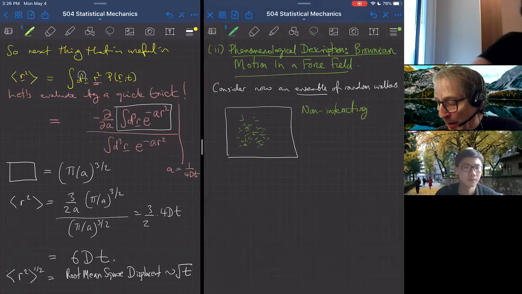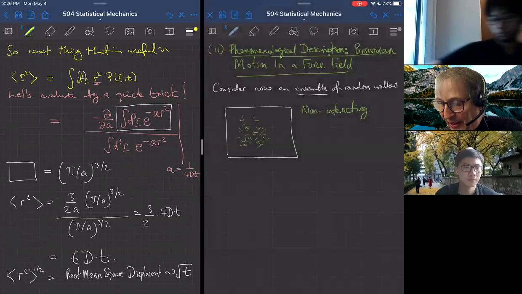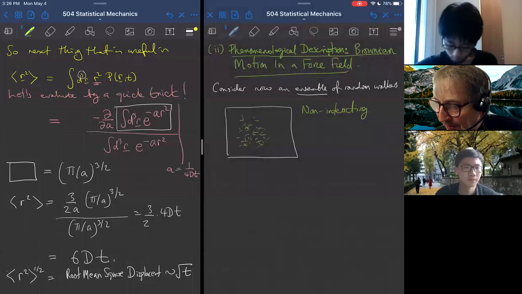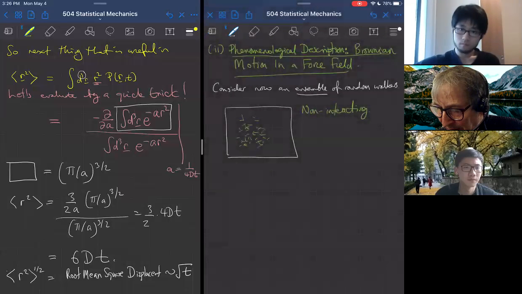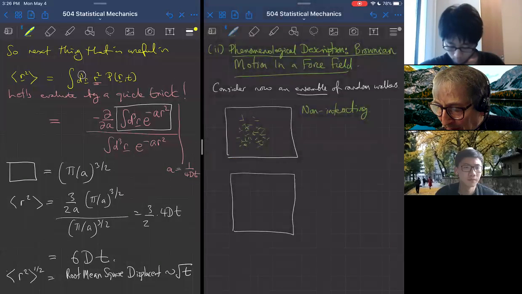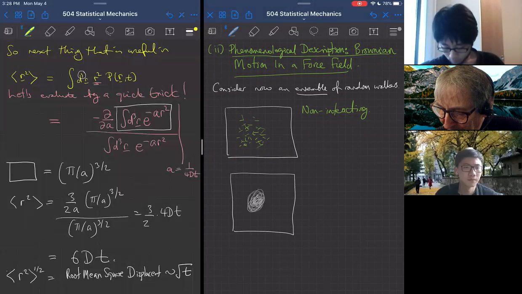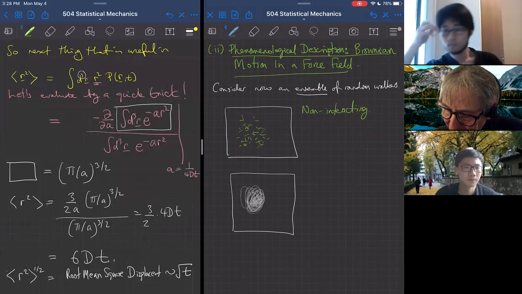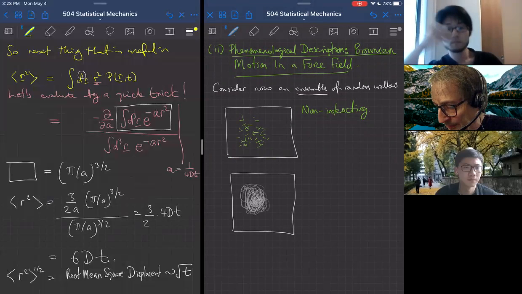But now that I've got a whole bunch of them, that means that I then have a density field. So I can replace this picture, if I have enough of them, by some density field that looks roughly like that.